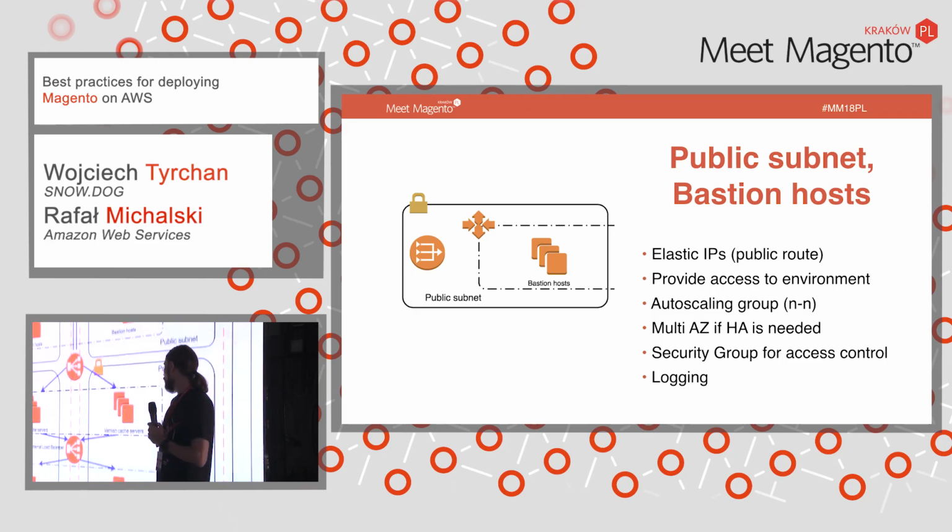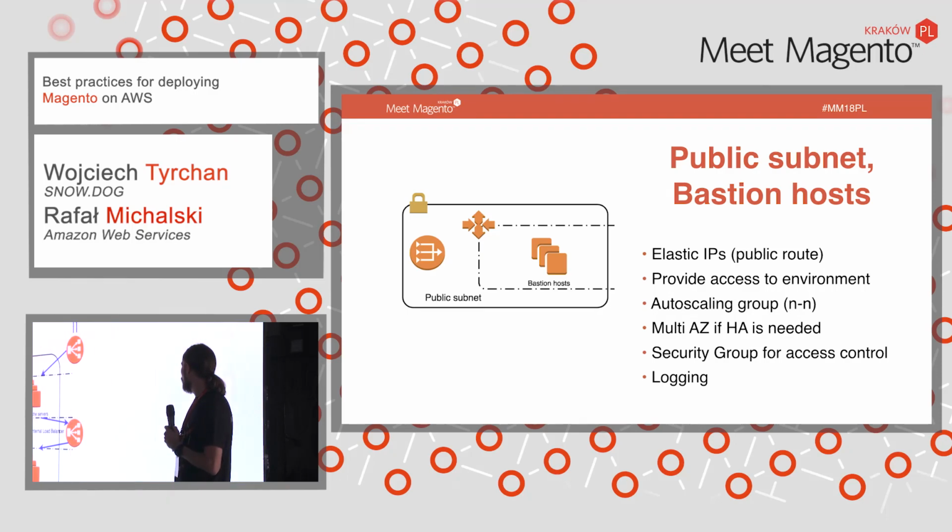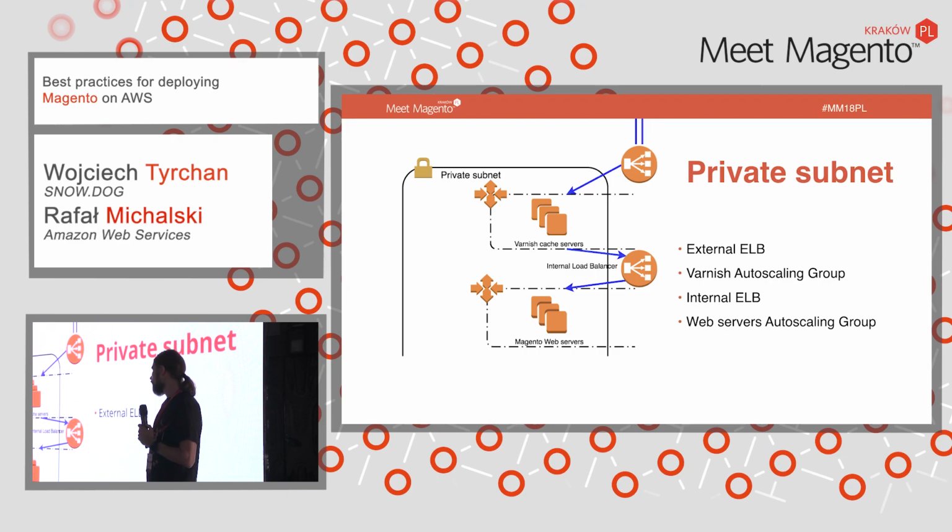Moving further, we'll go with a private subnet. Here on the top you can see the external load balancer, which is the internet-facing load balancer. It also serves as an SSL offloader. Next is the Varnish servers' autoscaling group. Just below it there is an internal load balancer.